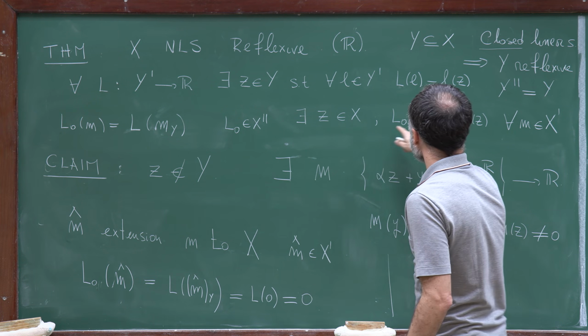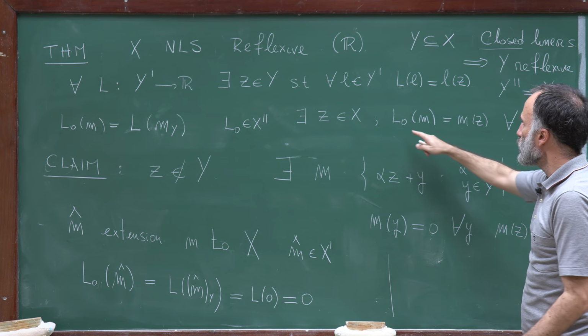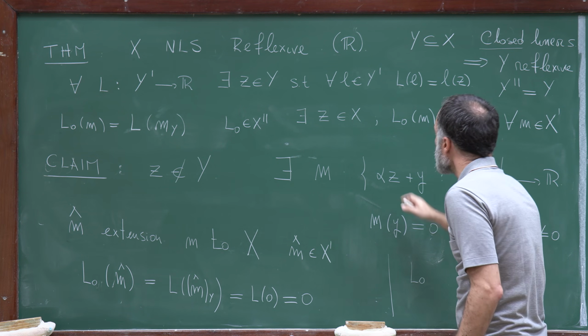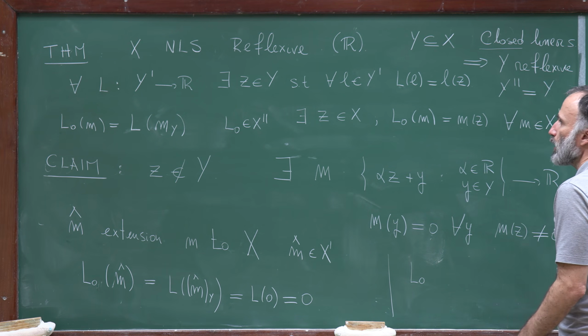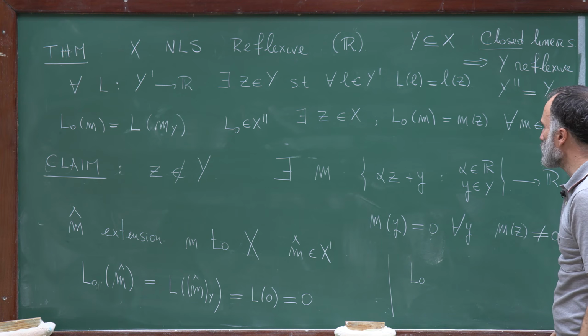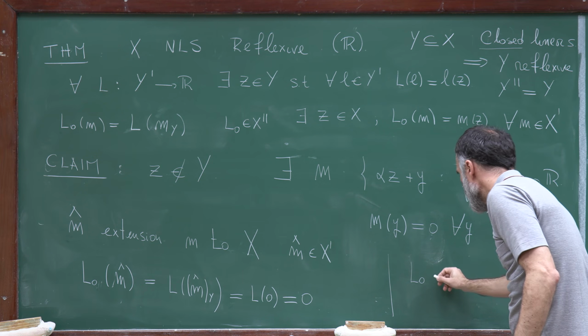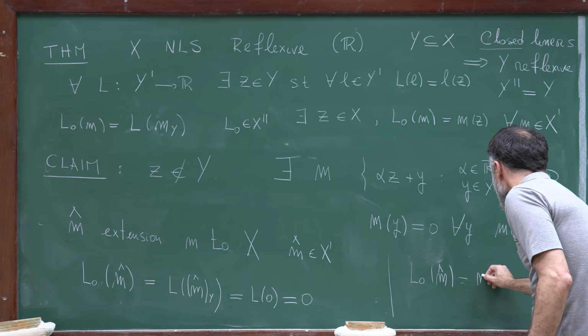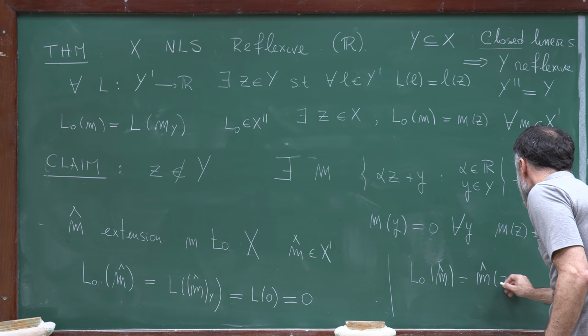Well, on the other hand, we know that this is our point z. We know that L0 of M hat, by this fact that we know already, that there exists a z in X for which this is equal to M z, L0 of M hat is equal to M hat z.